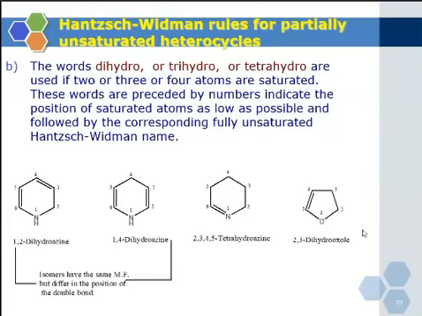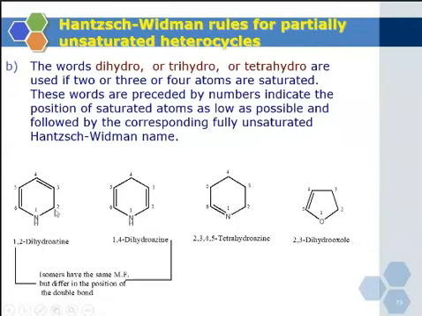For example, here we can see it is representing a 6-membered heterocyclic ring with nitrogen as the heteroatom present.